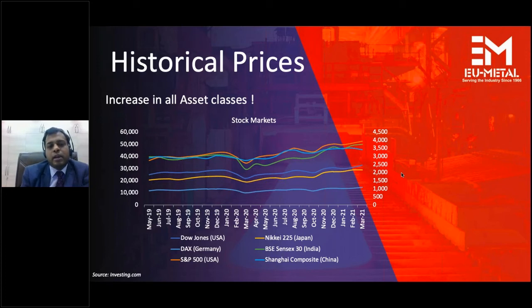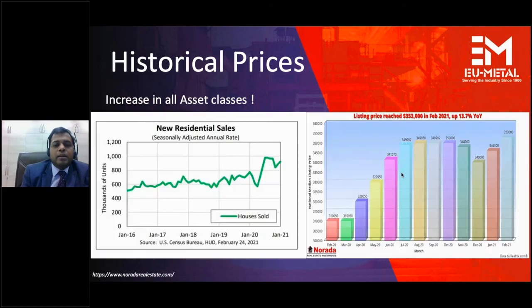But starting in 2020, there was a big dip, and then there was a big rise, which you can see from Q2 of 2020 till, let's say, Q1 of 2021: all the stock markets showed big increases.